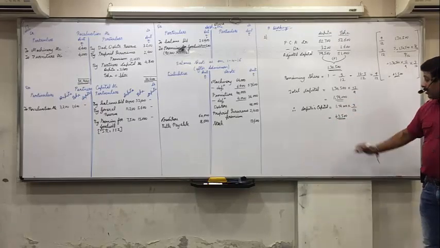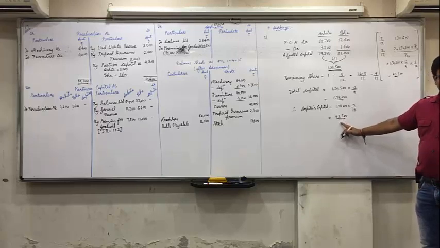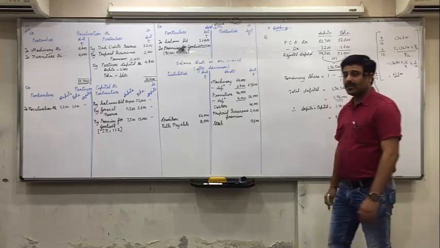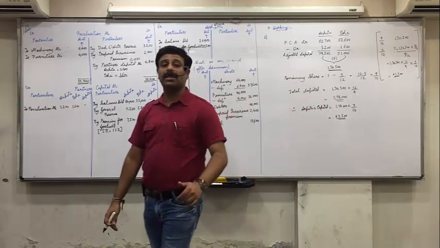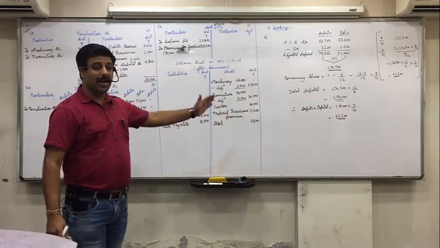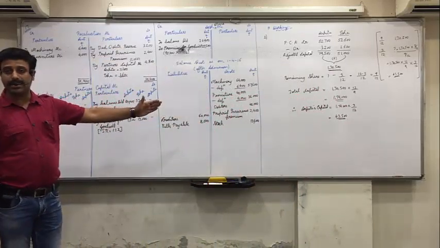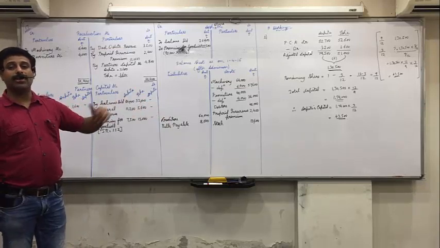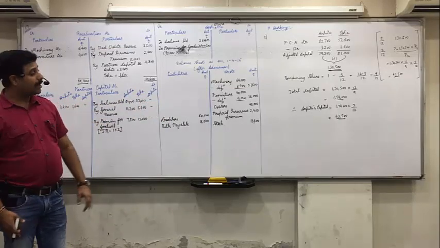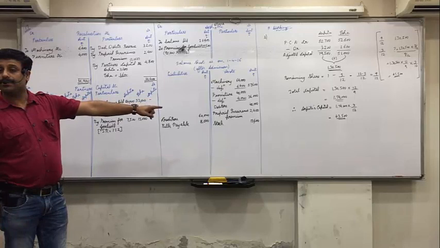Now, Arpita will bring this 43,500, so now we'll pass that entry. Cash account debit to Arpita's capital. When the new partner brings cash capital into the business, the entry will be cash account debit to Arpita's capital. Anyone still doing the workings?